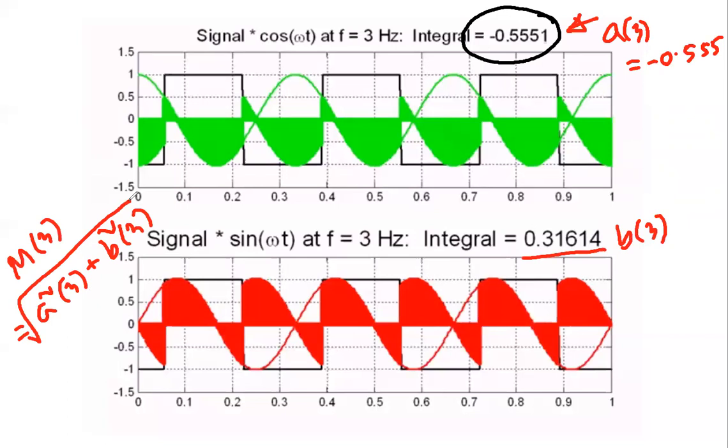That value is very high and very close to 1. That means a huge portion of f(t) is matched with the 3 hertz frequency component.